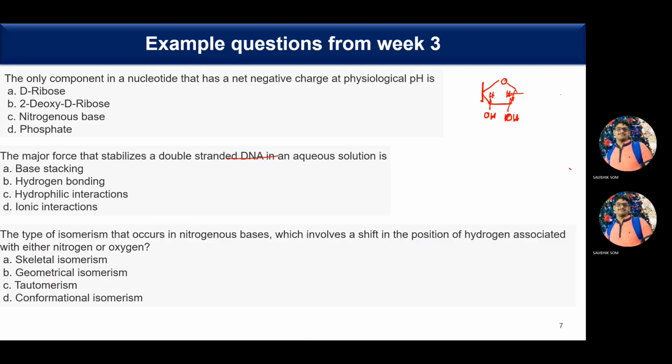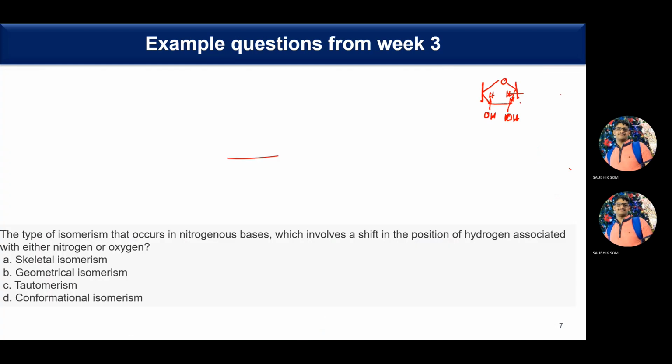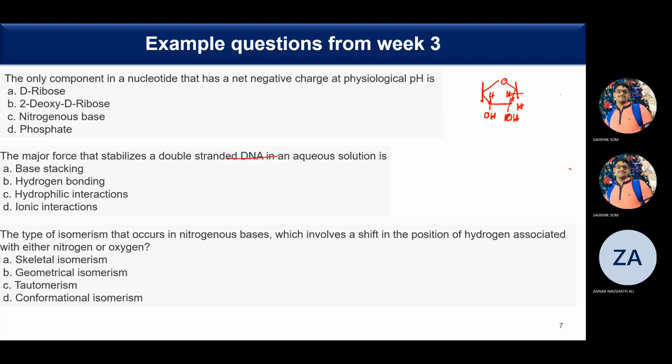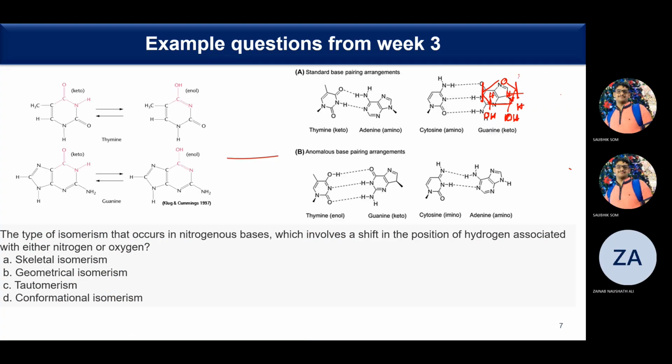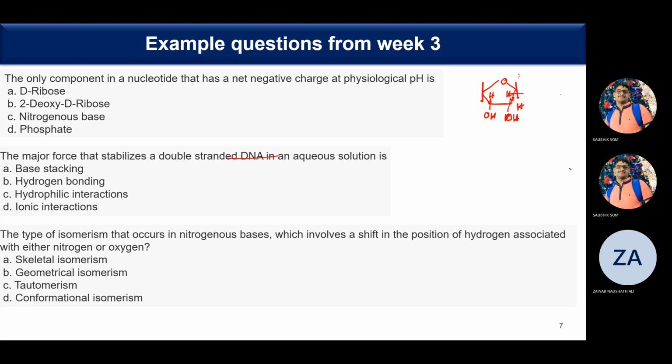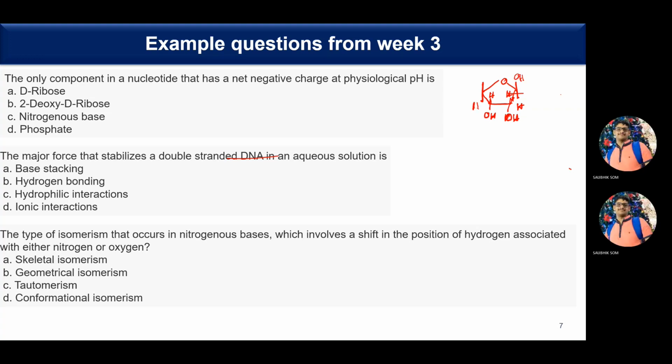So there will be H, H, and H, CH2OH, correct? So these are the two forms. And if it is 2-deoxyribose, which you will find in DNA, it will not have this. Nitrogenous bases, of course, none of them have a net negative charge.